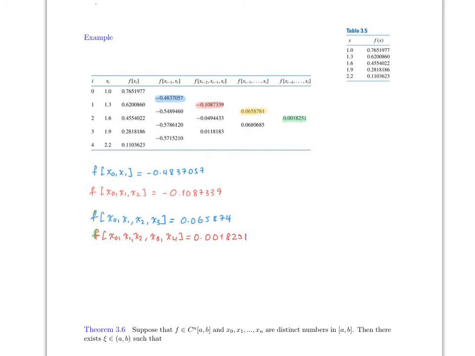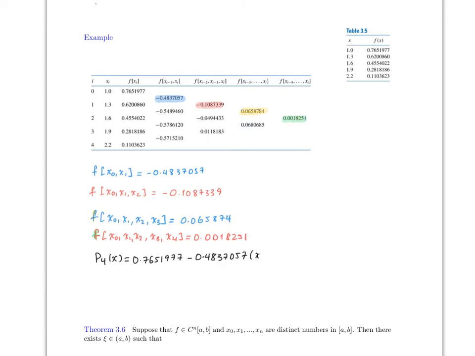So therefore, if you wanted to find a 4-degree polynomial, this will be 0.7651977, which is f of x0, then minus the first divided difference, which is 0.4837057, which is this value right here. So we pick this, we're going to go this way.